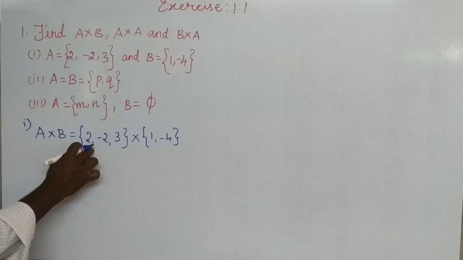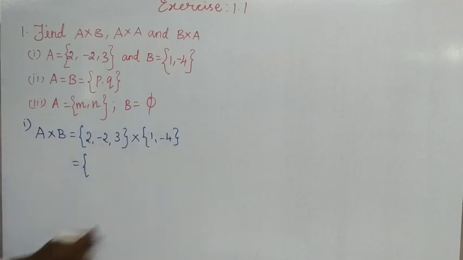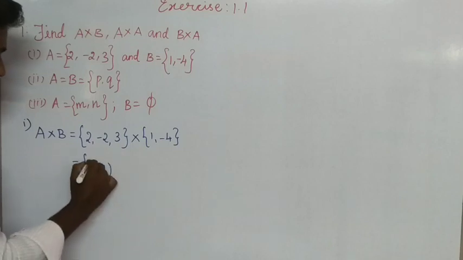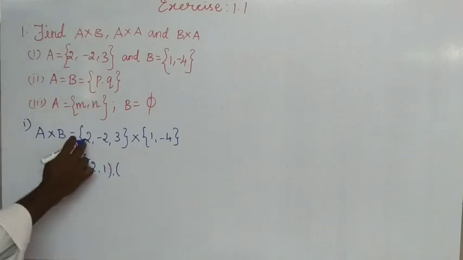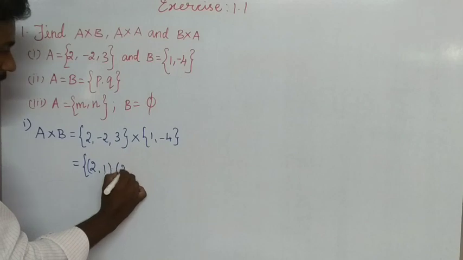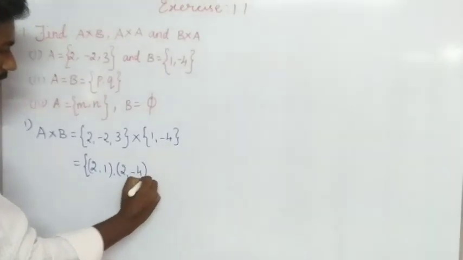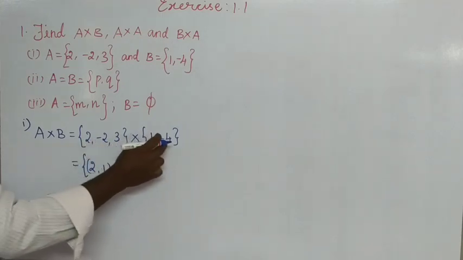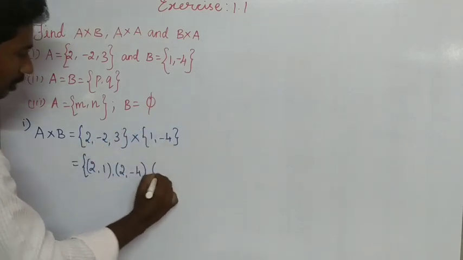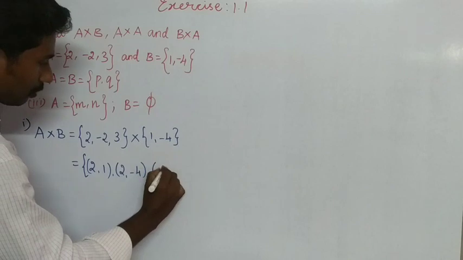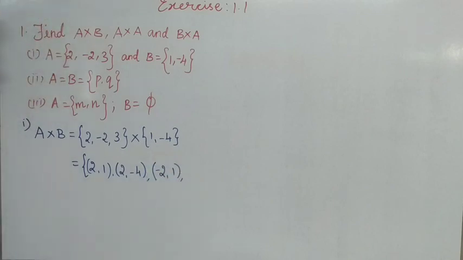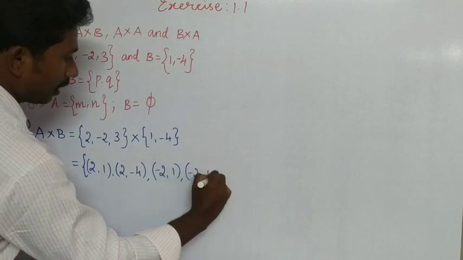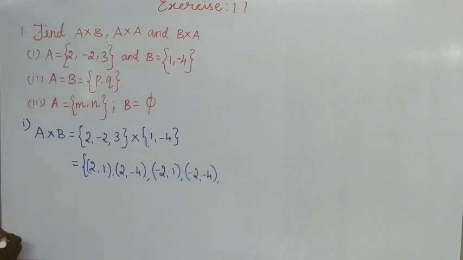So first element in the first set with all the elements in the second set. So 2 comma 1, next 2 comma minus 4. Next, second element in the first set with all the elements in the second set. So minus 2 comma 1, minus 2 comma minus 4.